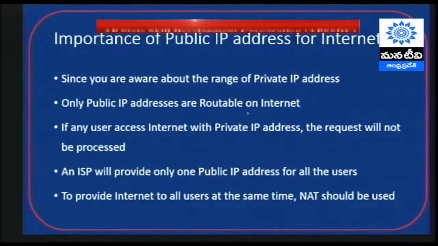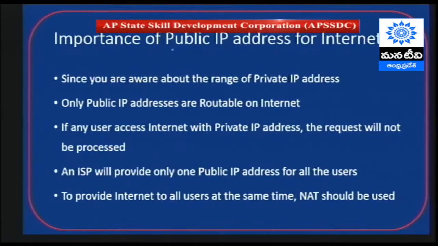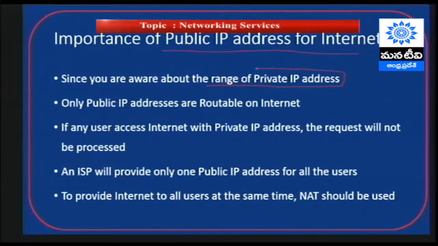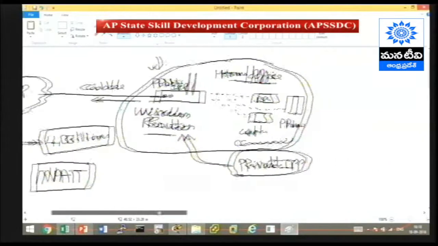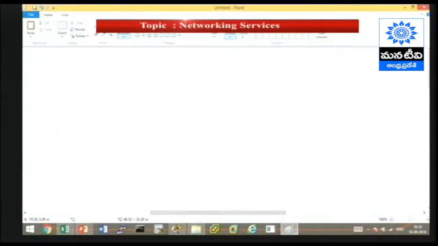So the next important aspect to know is the importance of public IP addresses to access internet. Since we are already aware of the range of private IP addresses, other than these private IP addresses, they are all public IP addresses, and they are allocated by this global body called IANA. How are the IP addresses allocated?